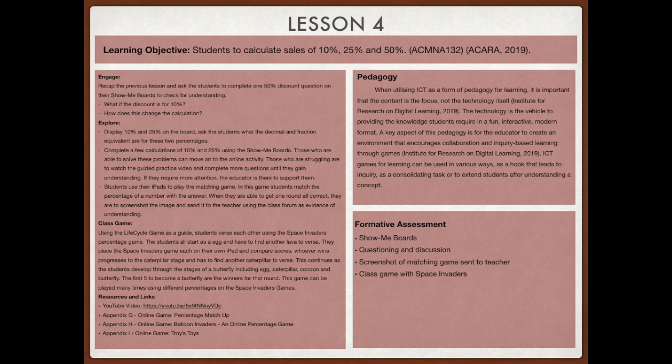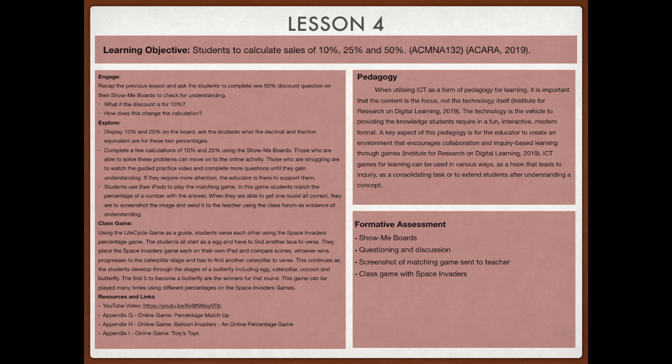This continues on through the stages of the life cycle: larva, caterpillar, cocoon, and butterfly. Whoever gets to be the butterfly first wins, or we usually choose 4 or 5 butterflies as the winners of the game. This can be played repetitively until students have been able to have a go at the Space Invaders game and really be able to work through those percentages.